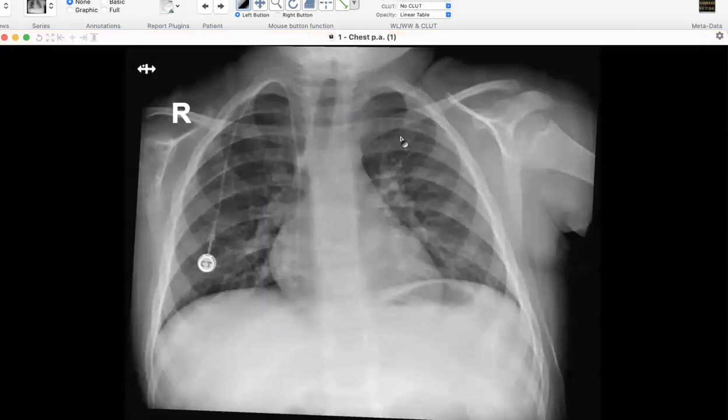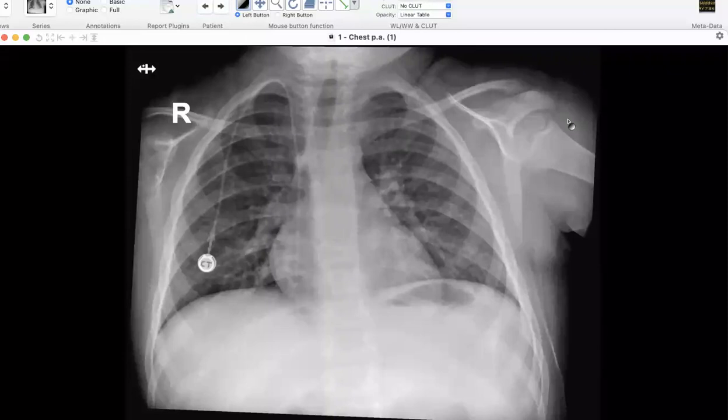Okay, so this is a frontal chest radiograph of a skeletally immature patient. I can see that there is a portacath in place, and the lung fields show some increased vascular markings. However, there is no definite focal lung abnormality.